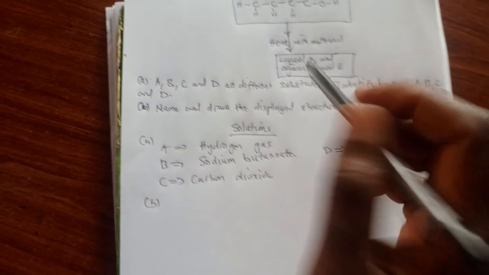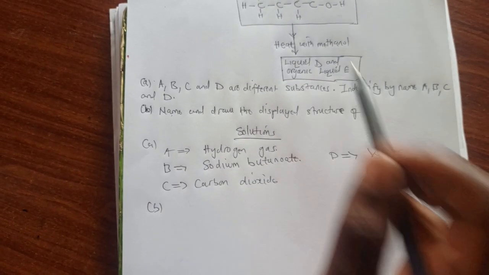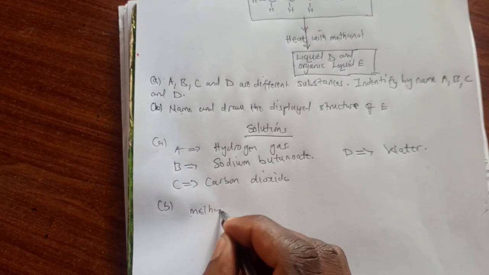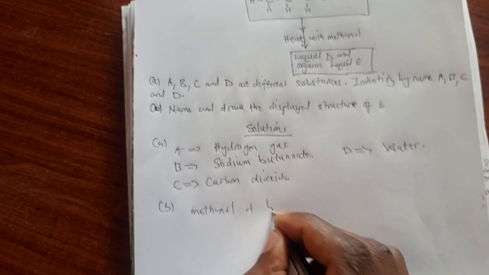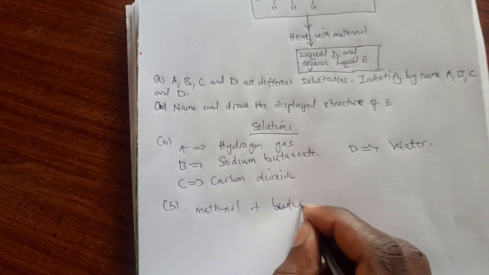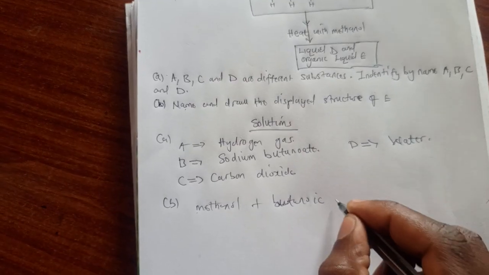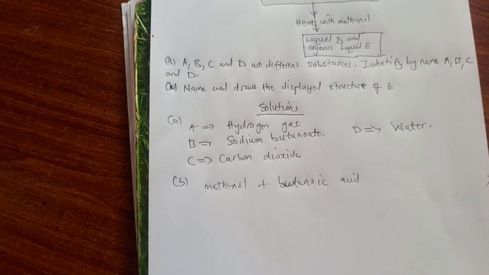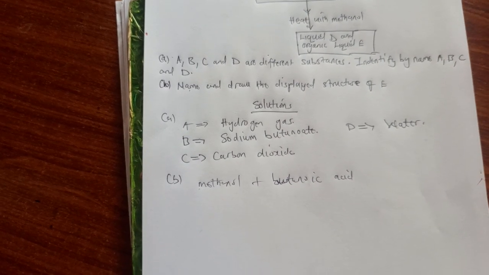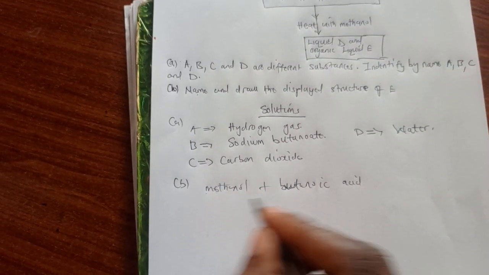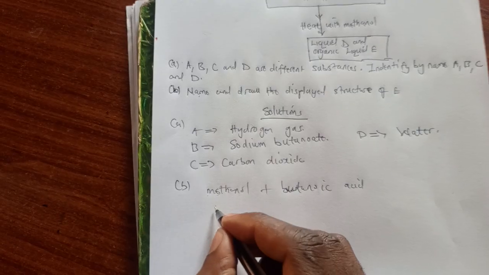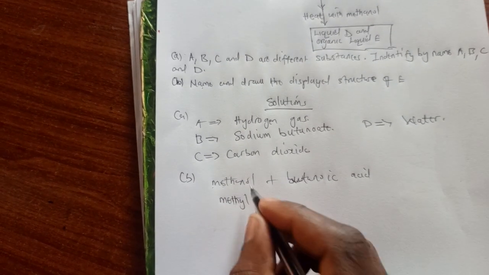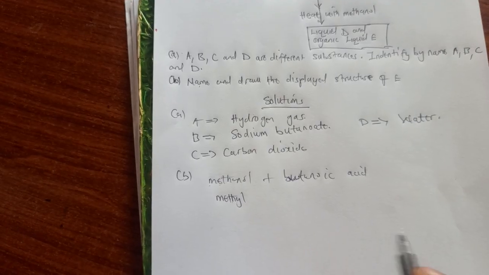So, since the alcohol which is used is methanol, we have methanol plus butanoic acid. Okay, so to come up with the name of an ester from an alcohol, we are going to borrow the word methyl. The methanol will now change to the name methyl.